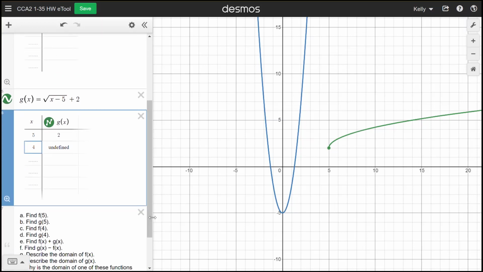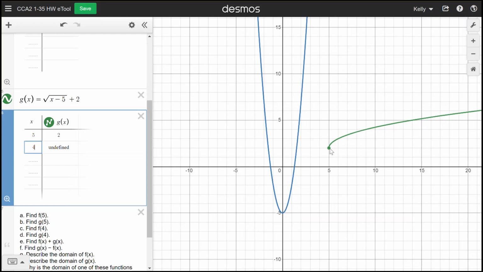The difference here in the g of x function is that we have to limit our numbers so that there's no negative in our radical when we start. That is why 5 works. 5 minus 5 is the lowest you could have because that would be 0. You can do the square root of 0. You can't do the square root of a negative because we're not working with imaginary numbers.